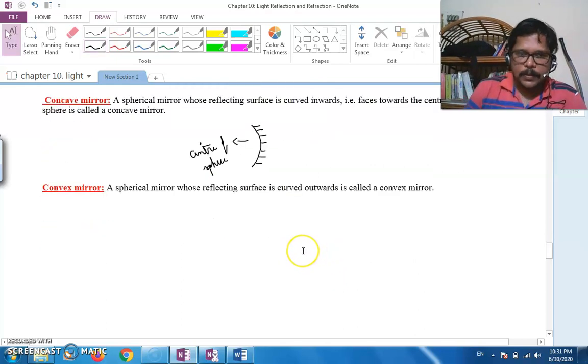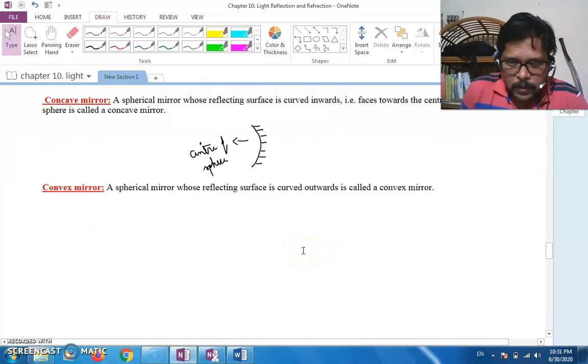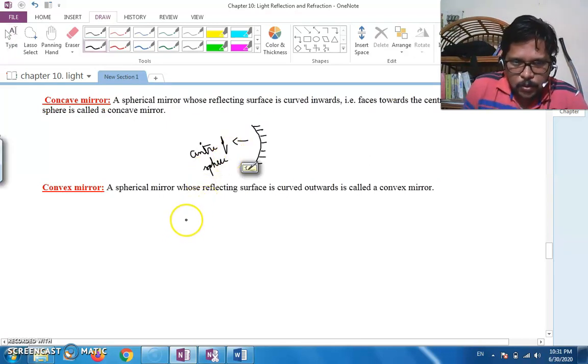Then the convex mirror, the spherical mirror whose reflecting surface is curved outwards. There is a notation or representation for a convex mirror. So this is a curve, and we are going to make the coating on the inner surface so that the outer one reflects.